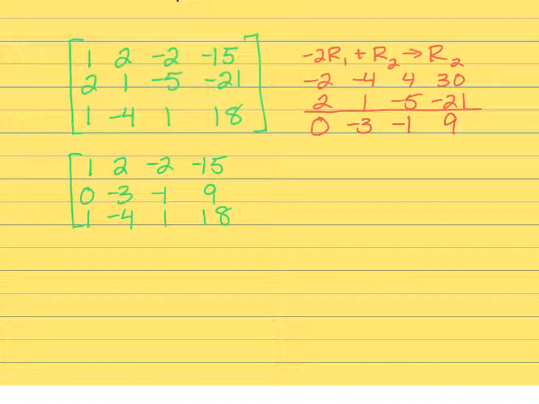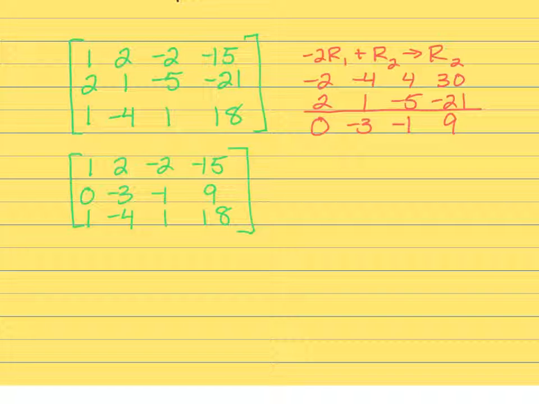Now, what we have here in this second matrix, if I converted this back to a system of equations, it looks different, but it's an equivalent system. This is an equivalent matrix because we only applied an elementary row operation. Therefore, the solutions to this second system are the same as the solutions to the original system.